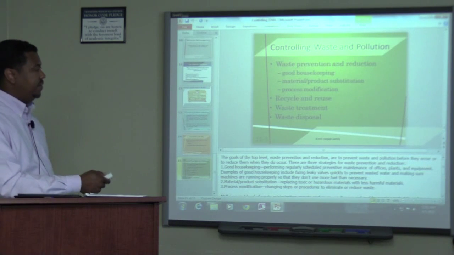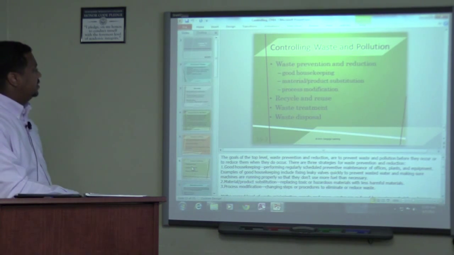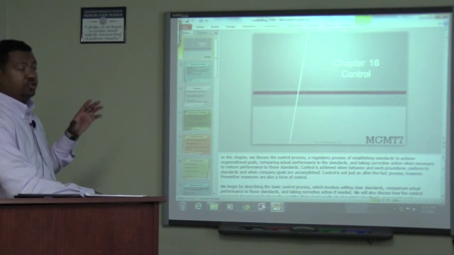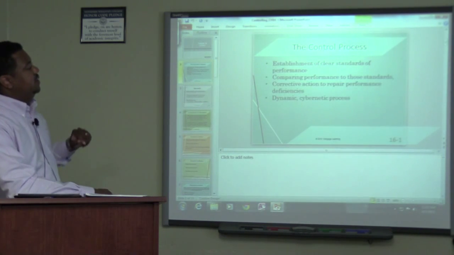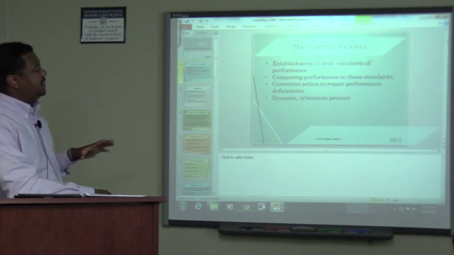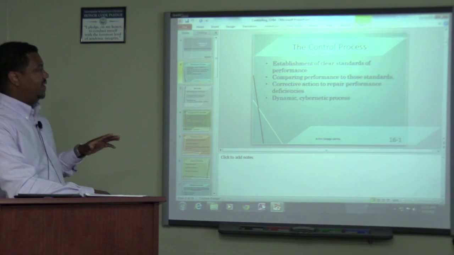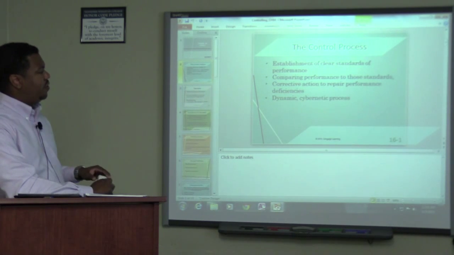So let's recap the importance of controlling in organizations and how companies move forth to control things within their organization. Excuse me. They think about the importance of identifying clear performance standards, figuring out a way to compare those standards internally as well as externally within the organization.